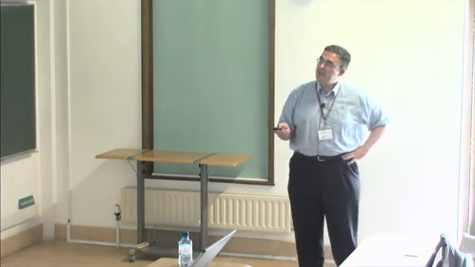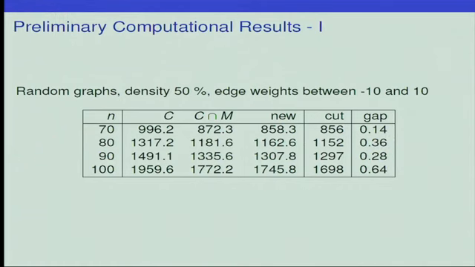And here's one table of results for graphs from 70 up to 100. In fact, this is the same example that I just showed some results for, this one here. And this 14% is the proportion of the gap between C intersection and the optimal cut that is left after we go through this process.